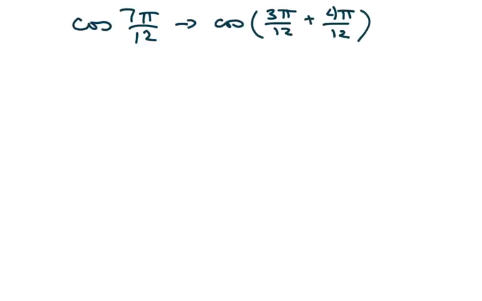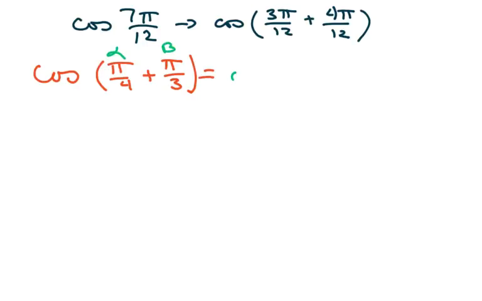If I simplify this, I get cosine of pi over 4 plus pi over 3. So our formula, this is your alpha and beta. Remember your formula is cosine of alpha, cosine of beta, minus sine of alpha, sine of beta.